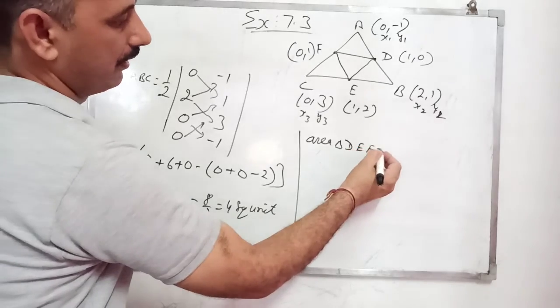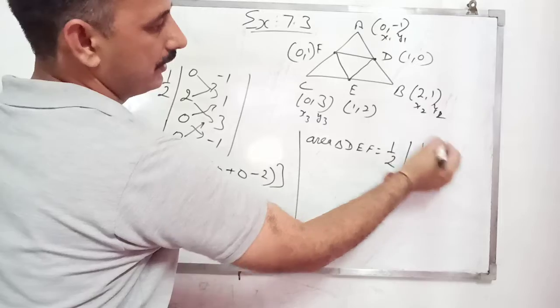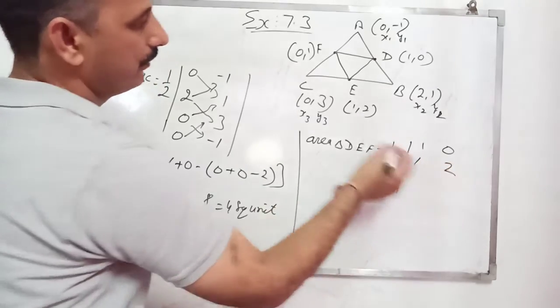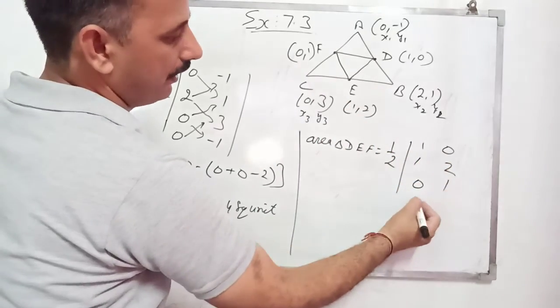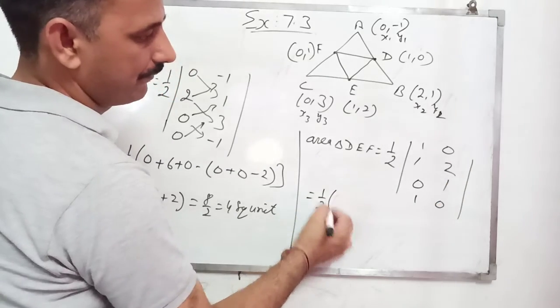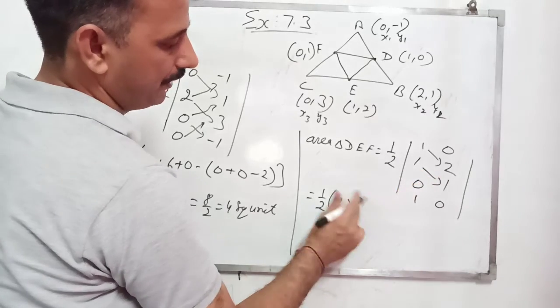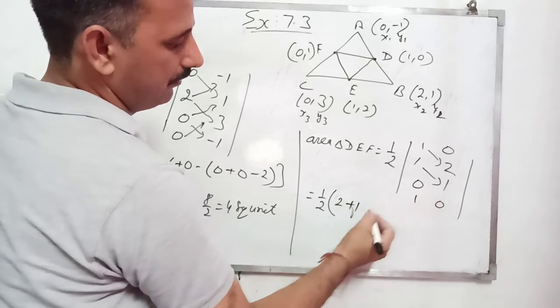Then we find the area of triangle DEF, that is 1 upon 2. Now the points are (1, 0), (1, 2), and (0, 1), again (1, 0). So that is 1 upon 2, multiplied, it becomes 2 plus 1 plus 0.